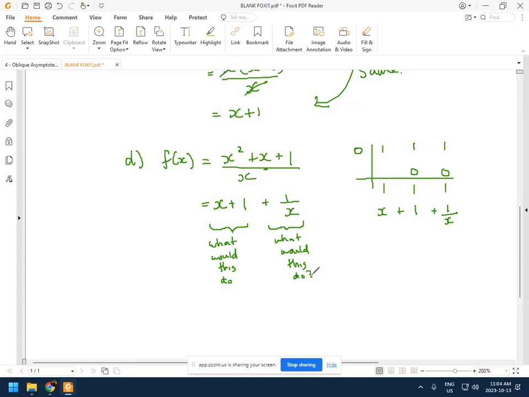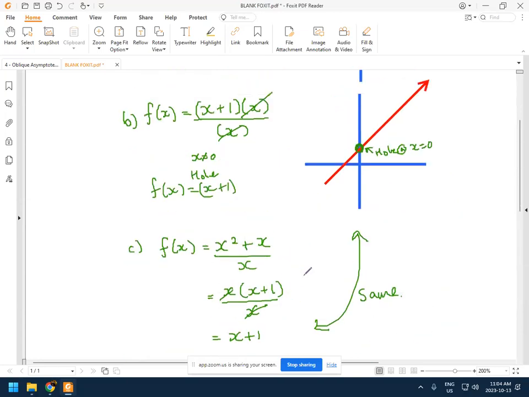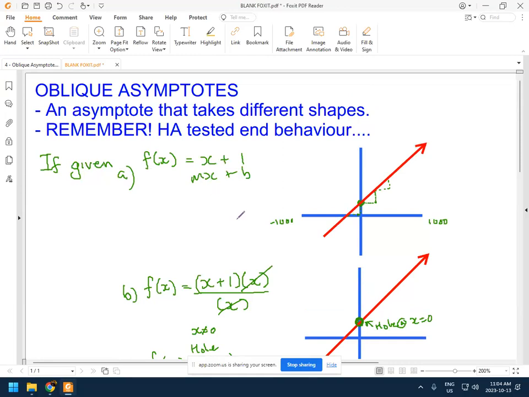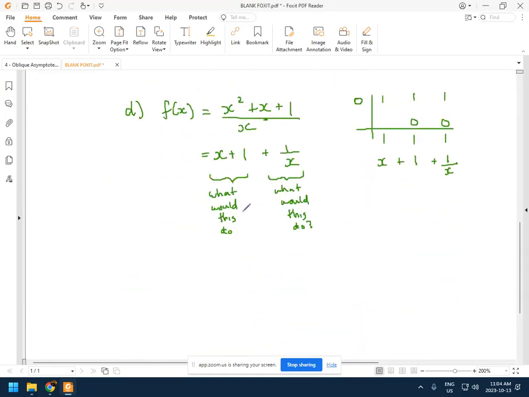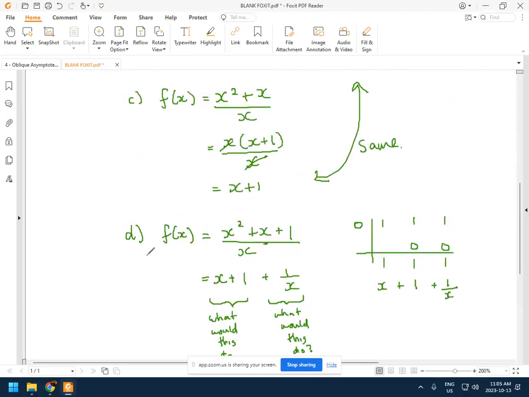And not only for any value of x, but specifically the thing that we talked about before, the end behavior, testing end behavior. I'll give you like a minute. How is this different from the previous? And if it is different, how big of a difference do we have?